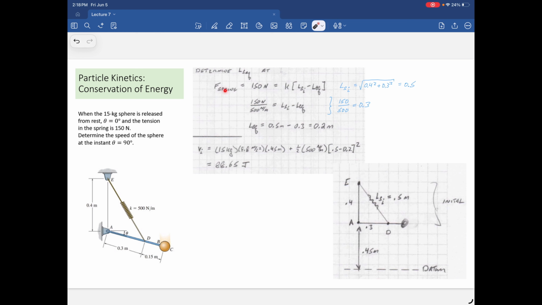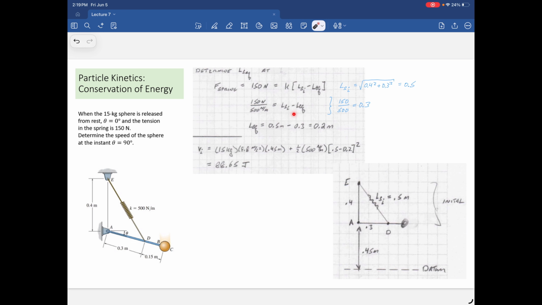The force in the spring is 150 newtons, the spring constant is 500 newtons per meter, and the stretch is 0.5 minus the equilibrium length. So 150 divided by 500 is equal to 0.3.